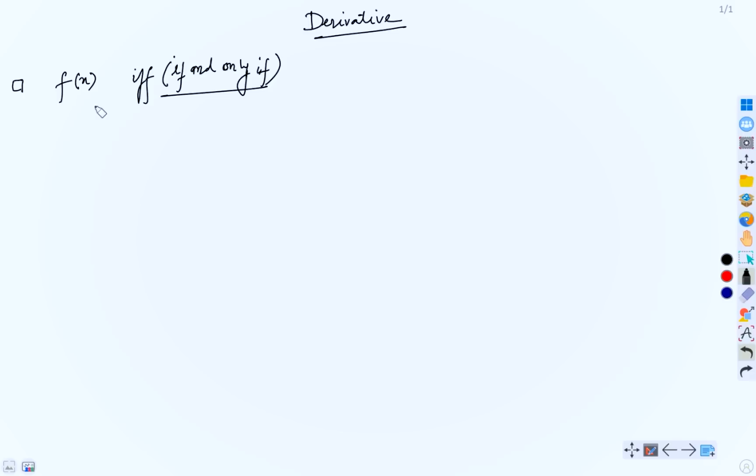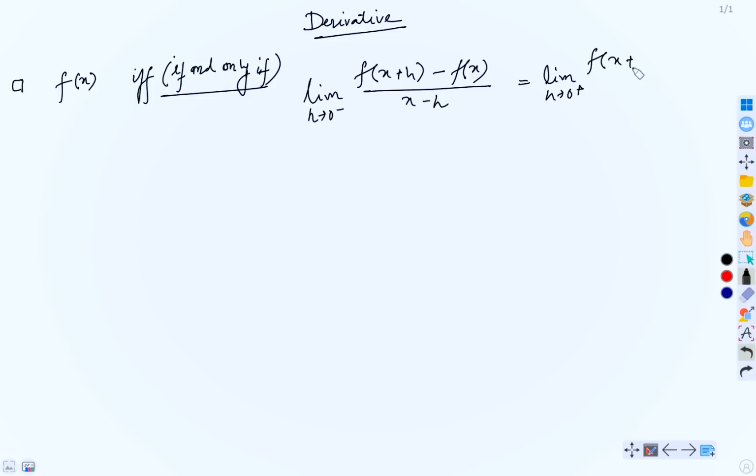So we will say that f(x) is differentiable if both the left hand limit and the right hand limit exist and they are equal, right? We know this from our earlier two sessions.